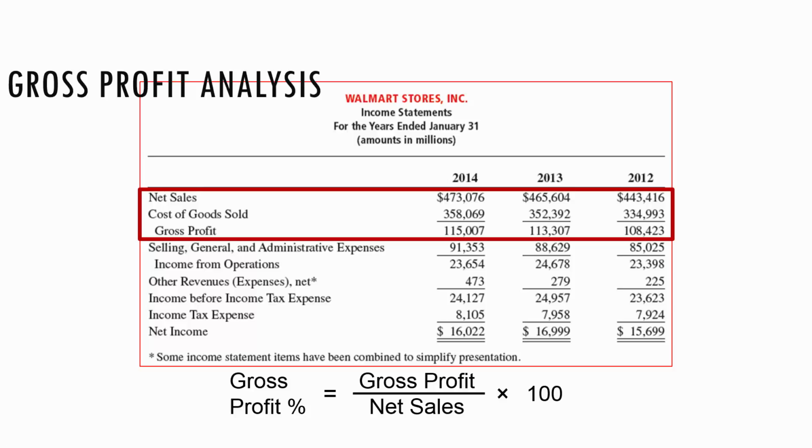Well, what it is saying is what percent of all your sales remains in gross profit. Again, the bigger the percentage of this at the top, the more you have available to cover your general selling and administrative expenses, your income taxes, your interest, your other items. So we want this percentage to be as high as possible.